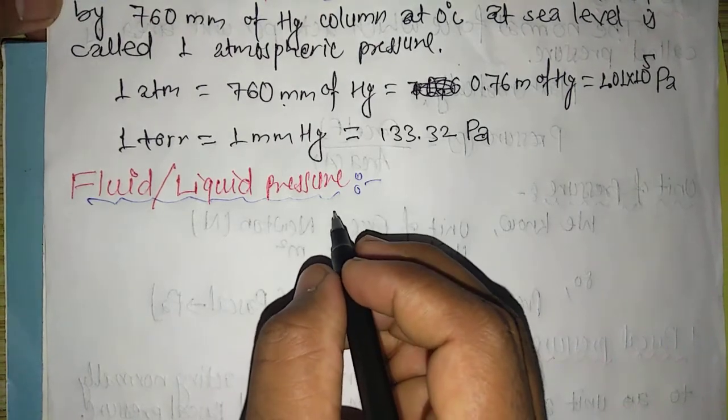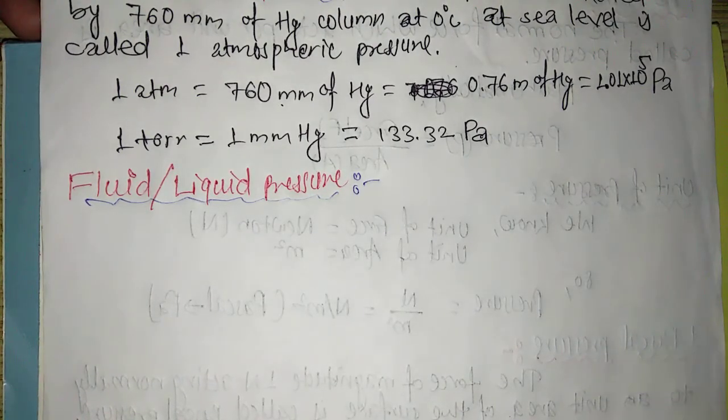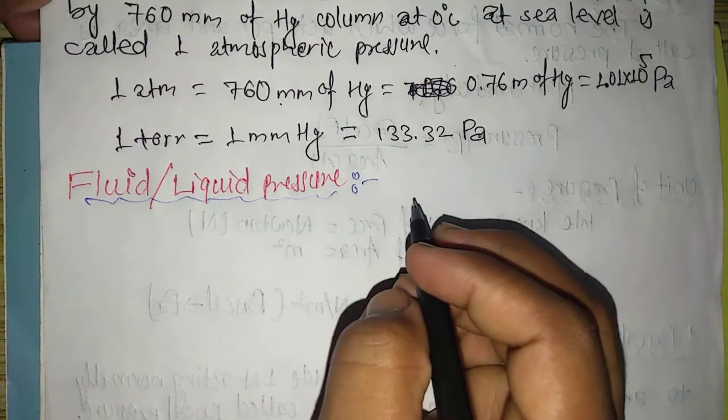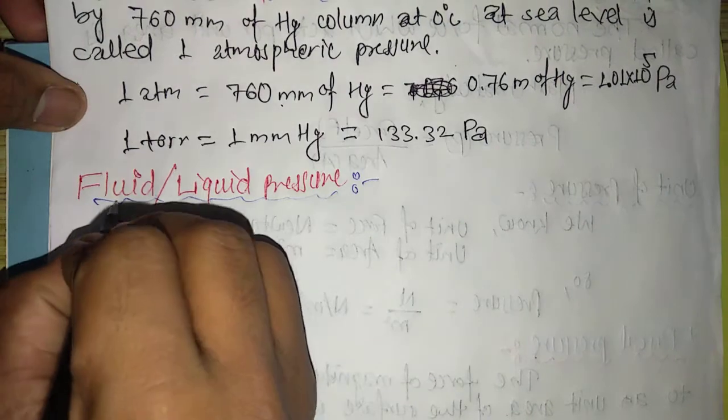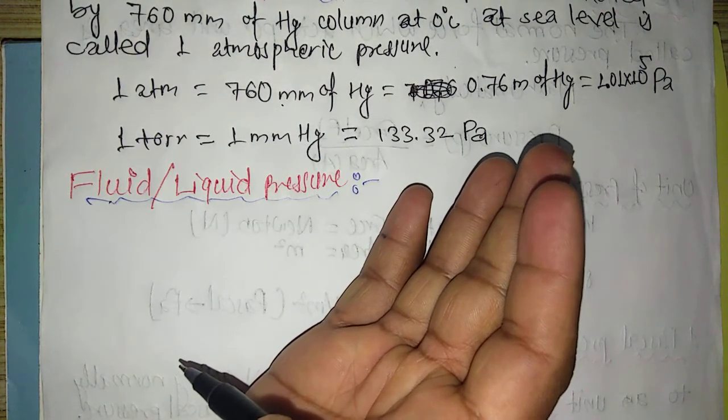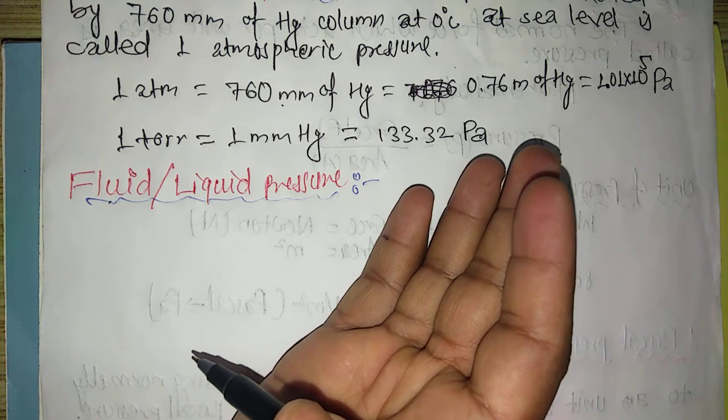The pressure exerted by a liquid is called hydrostatic pressure. What is a fluid? A fluid may have fixed volume but not fixed shape.